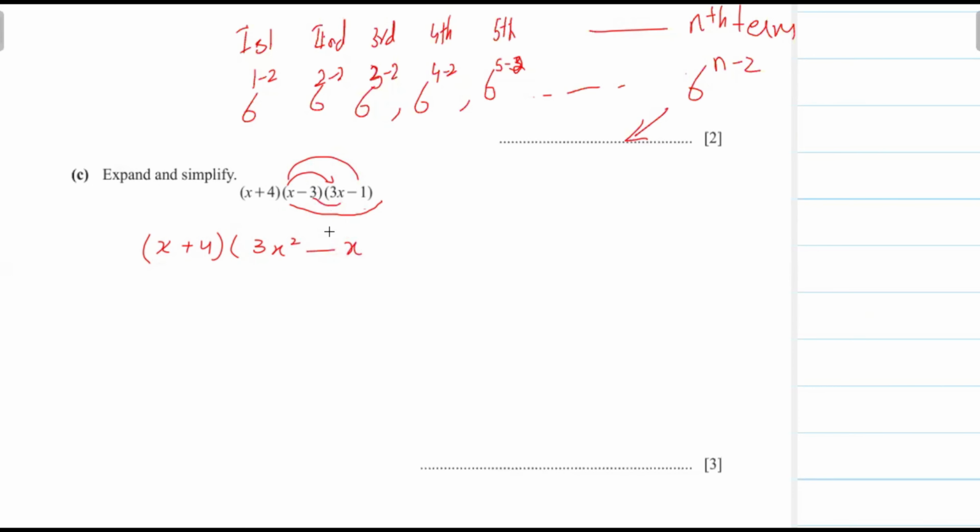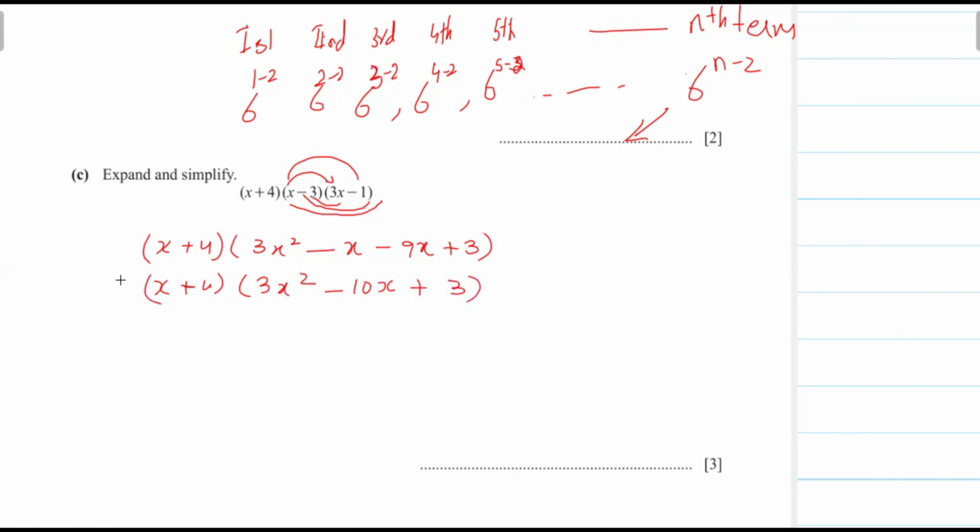Next, minus 3 to 3x, we get minus 9x. And then minus 3 multiplied by minus 1, we get plus 3. And this will be equal to x plus 4 as it is, and 3x squared minus x minus 9x, that is minus 10x, plus 3.